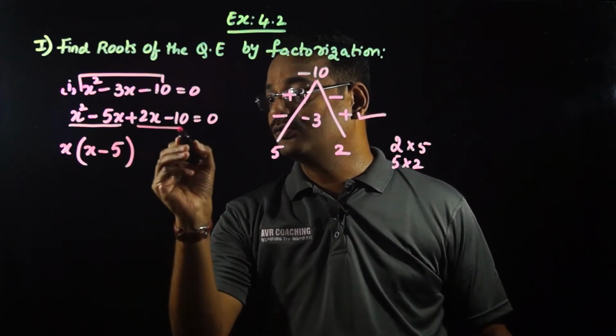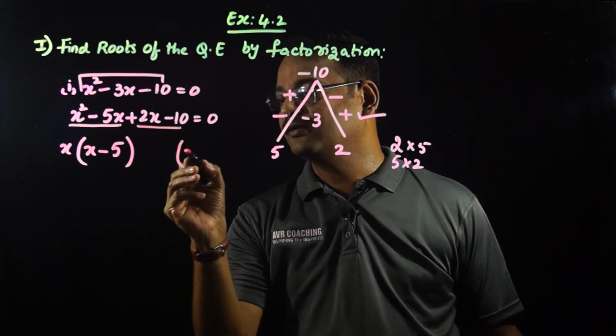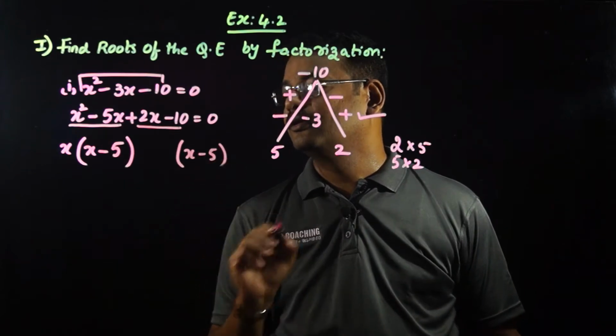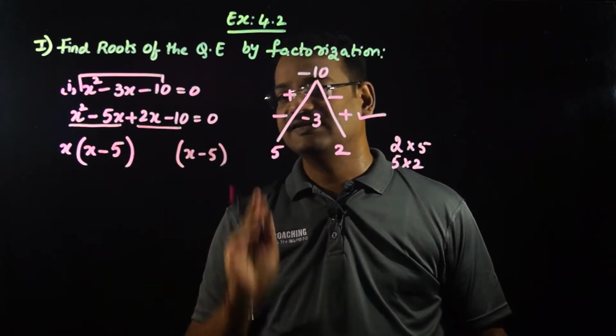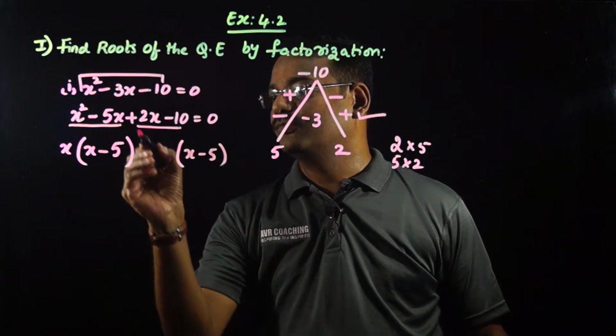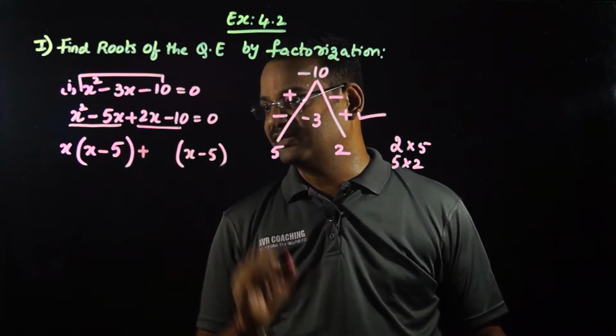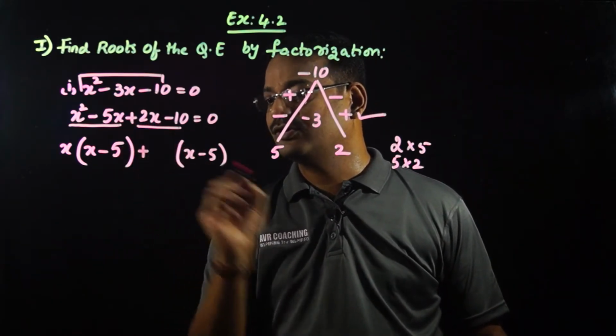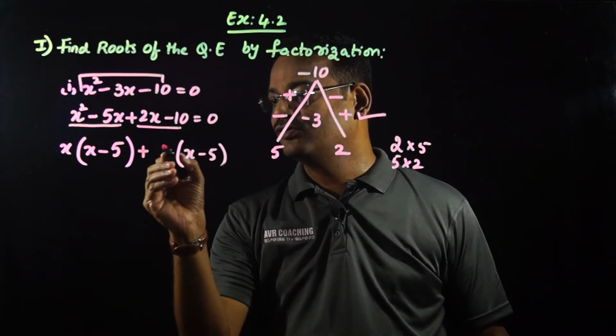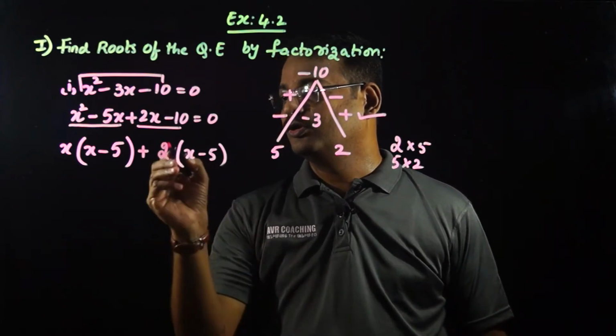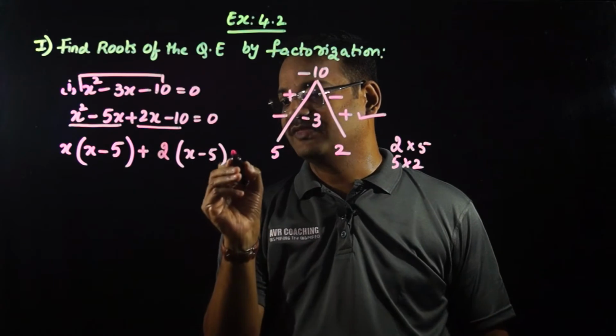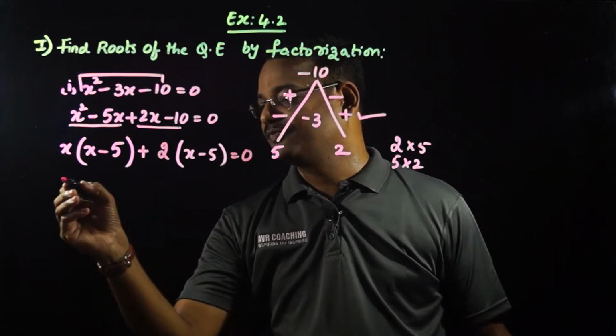Now for the second two terms we need to blindly write the terms in the first bracket in the second bracket also. So plus is the middle term, and out of 2x we got x outside the bracket, so we are left with 2. Now this 2 into 5 is 10 equal to 0.